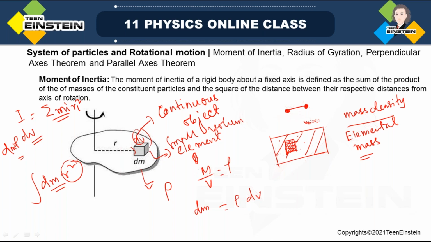In the case of a spherical object, you have to take a volume element, so you will get 4 pi r square dr. In the case of a two dimensional object, like a thin disk, you will get 2 pi r dr. This is one length and this is another length, so this is the area element, and you multiply by sigma to get delta m.